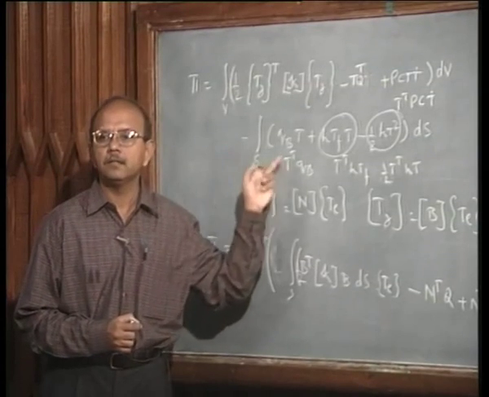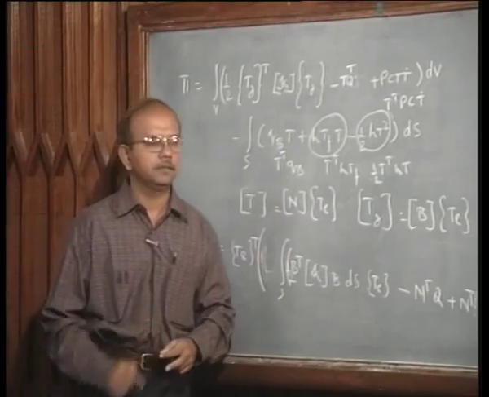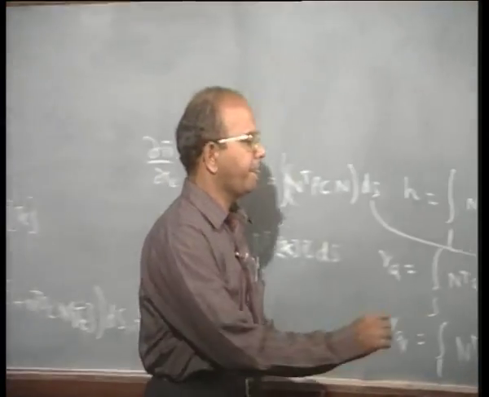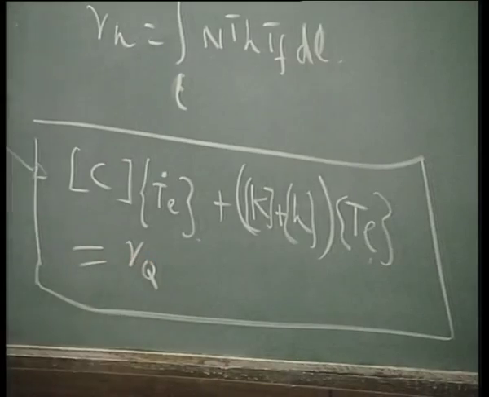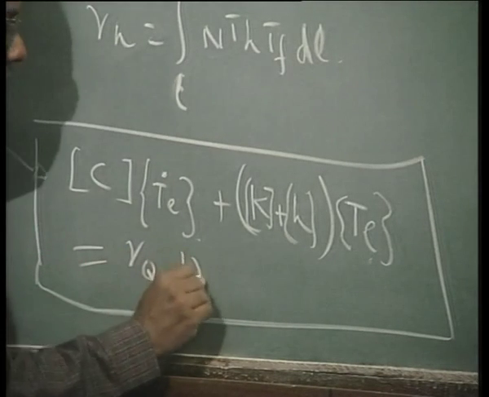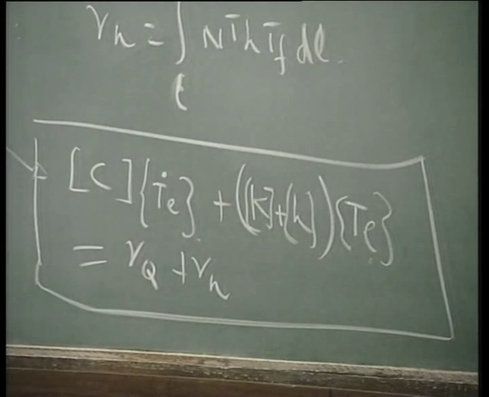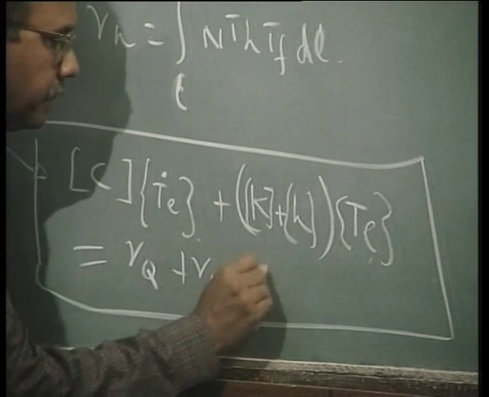So minus here, so when you go there it becomes plus R Q, plus then T F, that term, plus R H, then plus small r q.